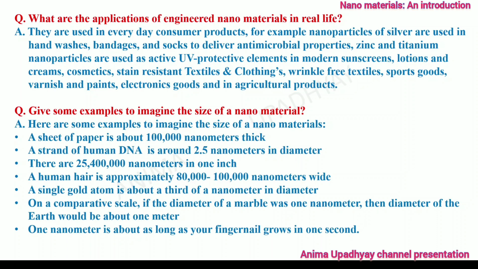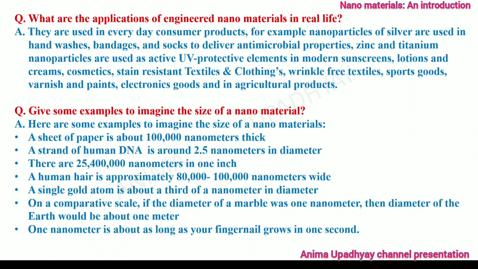A strand of human DNA is around 2.5 nanometers in diameter. There are 25 lakh and 400,000 nanometers in 1 inch. A human hair is approximately 80,000 to 100,000 nanometers wide.